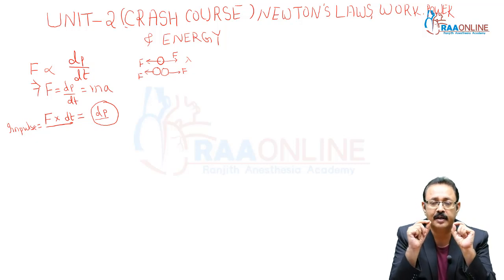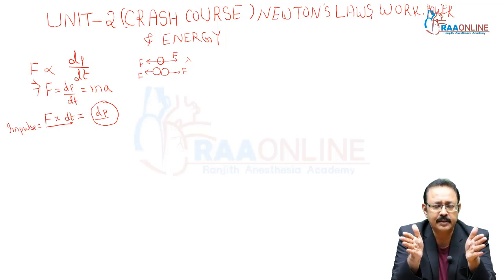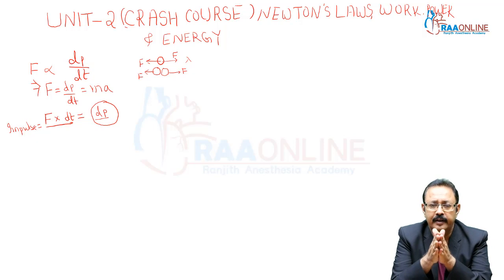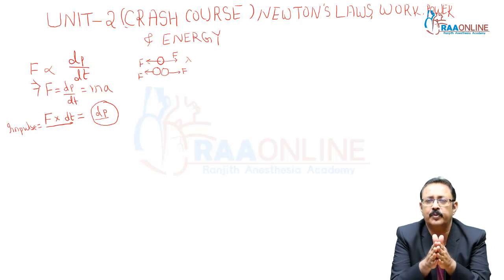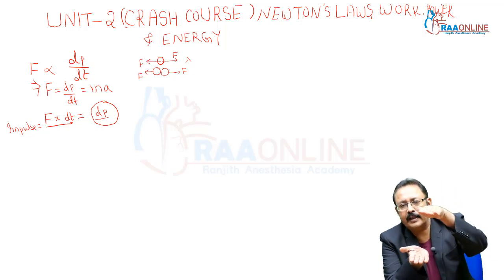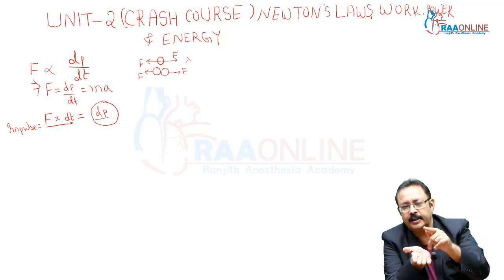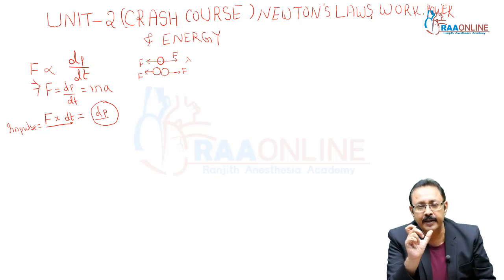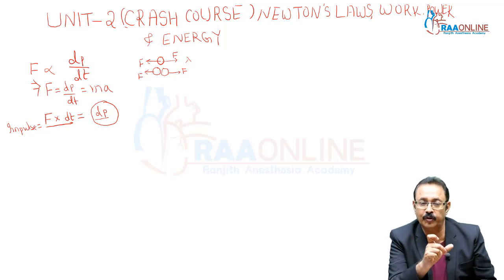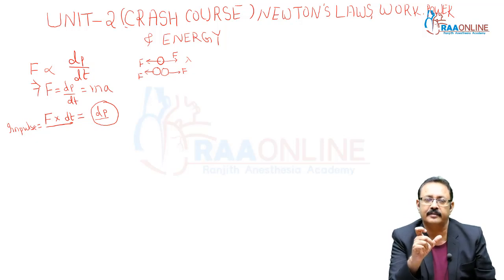If the floor is hard, just after collision, your momentum will become 0. If it is soft like sand, it will take time to become 0. Again, the same picture is there. dp is constant. If this process is happening in a short interval of time, the force will be very big.